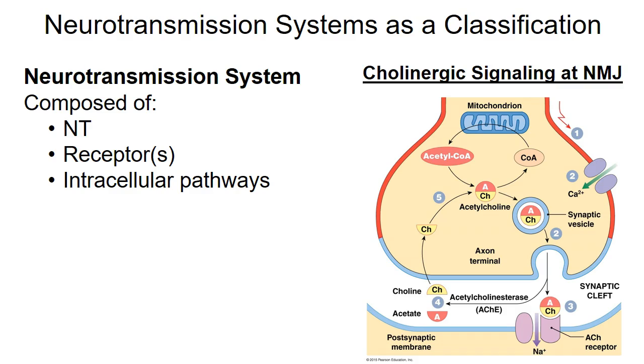GPCR, indirect. That's almost always guaranteed to be the answer anytime I ask you guys what receptor this is. If you say GPCR, you're probably right. So if you want to hazard a guess, hazard the guess of GPCR. All right, so yeah, it's a GPCR that acetylcholine binds to in cardiac muscle.